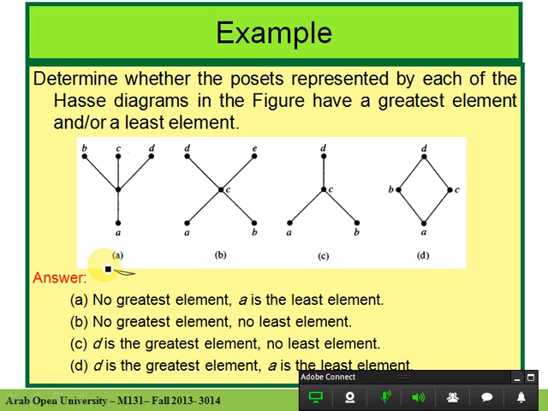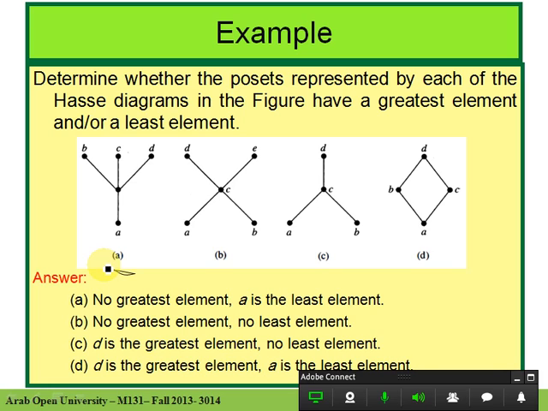Then B has no greatest and no least, because there are A and B at the bottom, and at the top you have D and E, so there is no single element. In C you have the greatest as D, but no least, because there are 2 minimal elements A and B. And in D you have the greatest D and the least A.